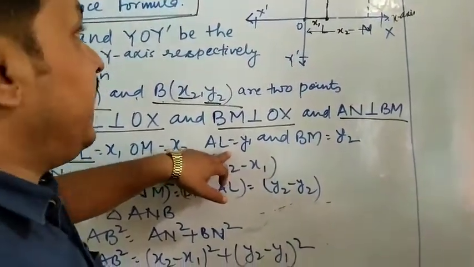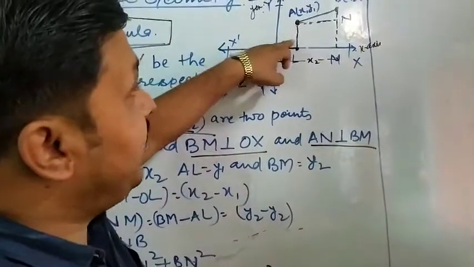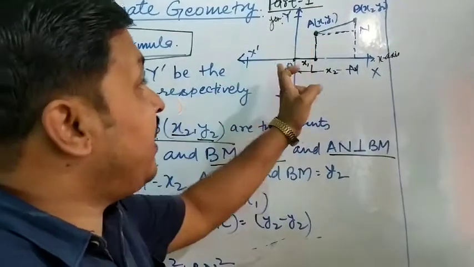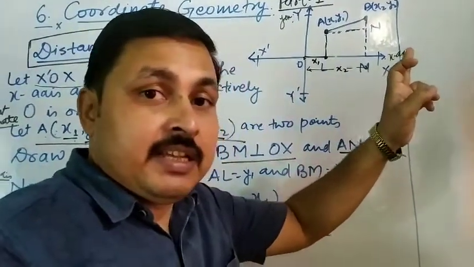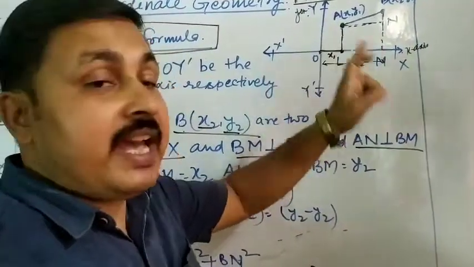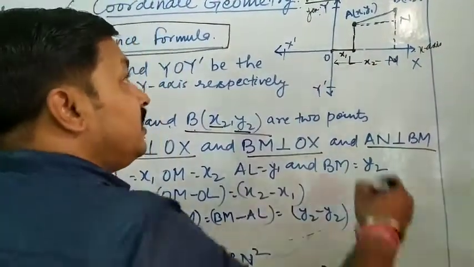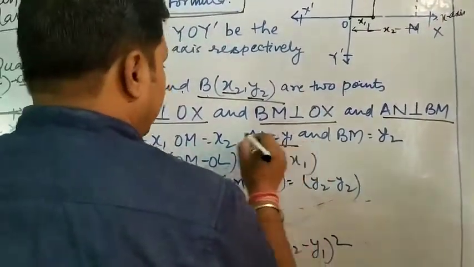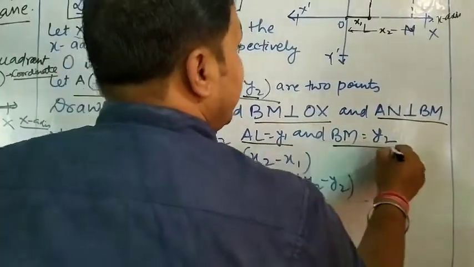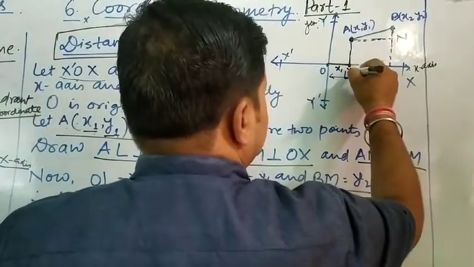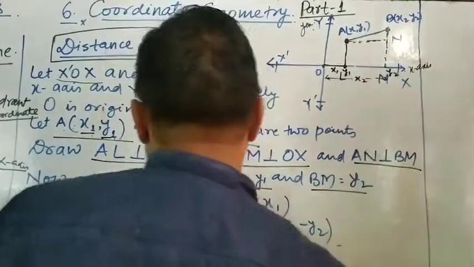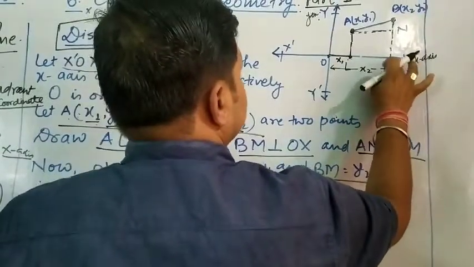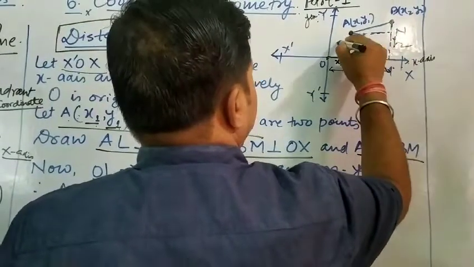AL is the perpendicular distance, and every perpendicular distance is the value of y, and every horizontal distance is the value of x. So AL equal to y1 and BM equal to y2.